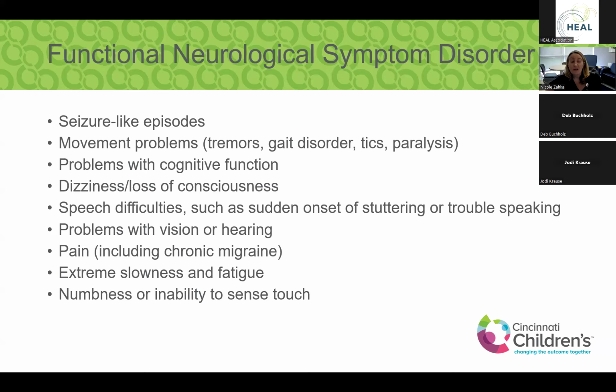These are the categories where typically we start to see symptoms popping up for kids with functional neurological symptoms. And essentially, these are all of the areas in which a person might experience changes in voluntary sensory or motor control.